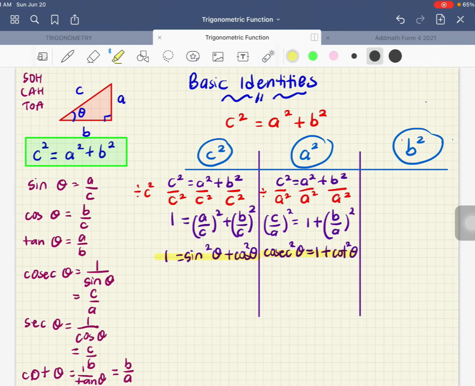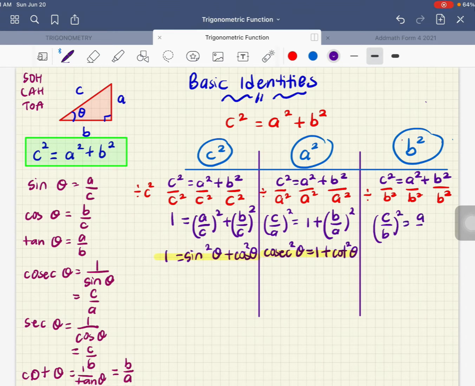And last but not least, using the same Pythagoras theorem formula, A squared plus B squared, I divide it by B squared. So what happens is we have C over B squared equals A over B squared plus 1, right?